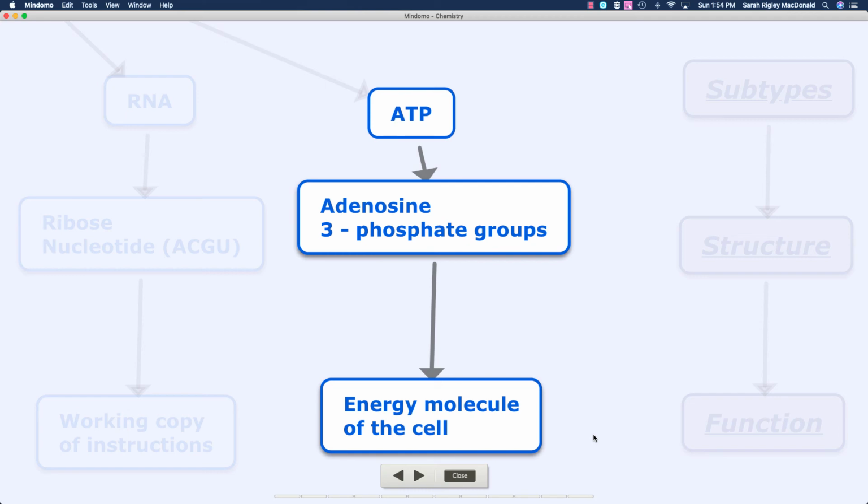When the cell needs energy to get something done, it can break off a phosphate group. When it breaks off the connection between the phosphate groups, energy is released. The cell can use it to do something, and then we can recycle that by taking a phosphate and smacking it back on there. So we would go back to ATP. And again, this is a process we'll see multiple times.